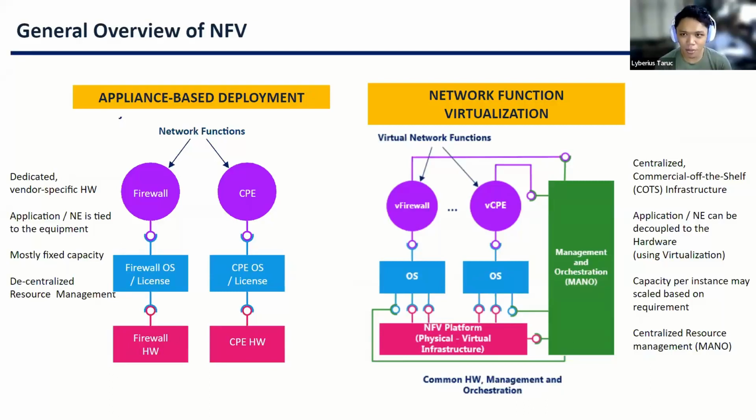So this is where the virtualization aspect of NFV comes in. We're now going to utilize one of the technologies called virtualization. Now, why do we even need to deploy virtualization in the first place?